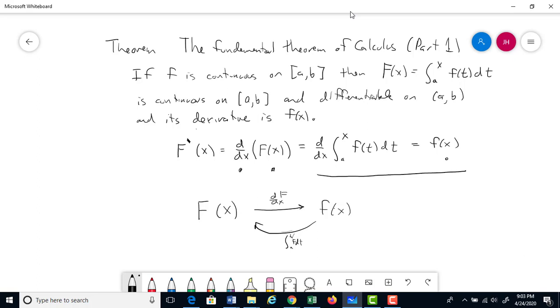I'm sorry. What I know is I have the derivative with respect to x of the definite integral of f of t dt, and this goes from a to x. What we notice is that the derivative of the integral of f of t is just going to become f of x.